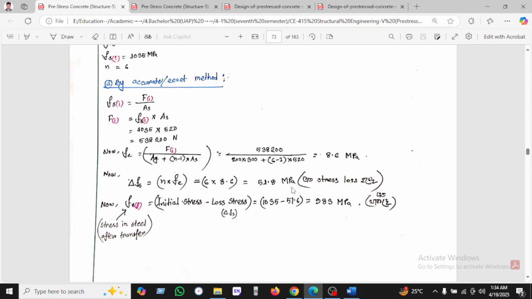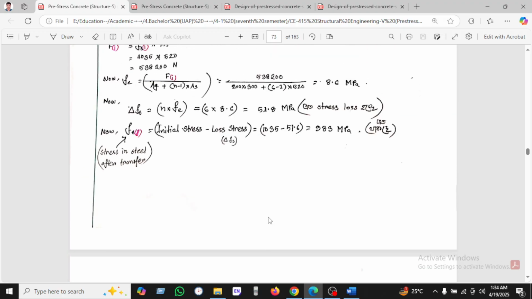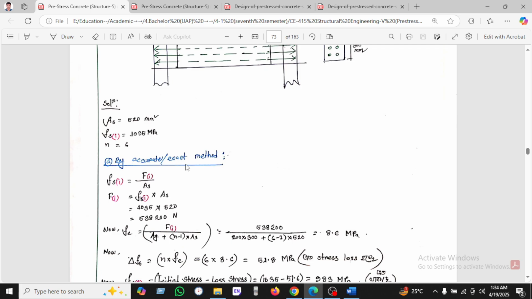So delta Fs is the loss. The stress in steel after transfer will be initial stress minus loss of steel, which is 983 MPa. This value has been found by the accurate or exact method.